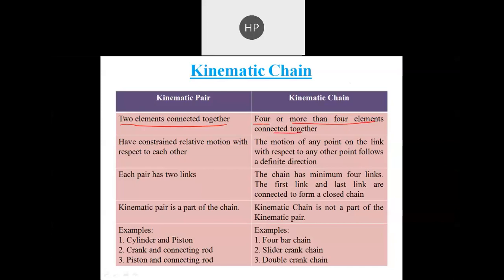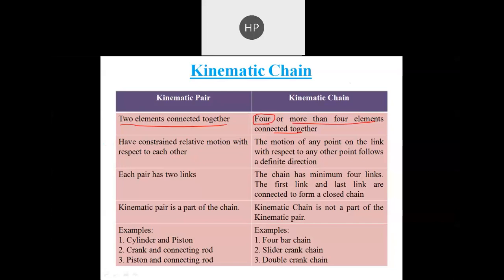Then it is termed as a kinematic chain, because if we have fewer than 4 elements, we are not able to transmit any motion or power. Why, we are going to see, but here consider that in a kinematic chain you require a minimum of 4 elements connected together.